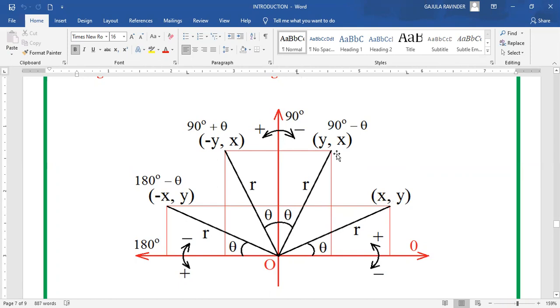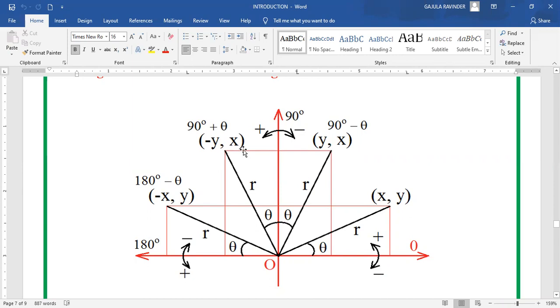So first let us describe the coordinates of points at the distance r on every terminal ray. Then I will come to the trigonometric ratio of that particular angle. So this point becomes y comma x. And coming here, this point will be at the same distance from the y-axis, so this distance will be the same as this one. So only the sign of the x coordinate will change.